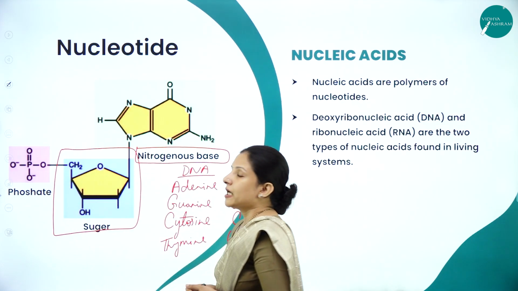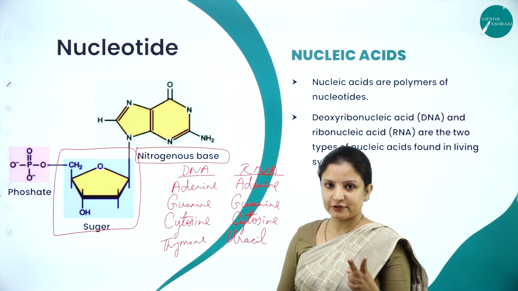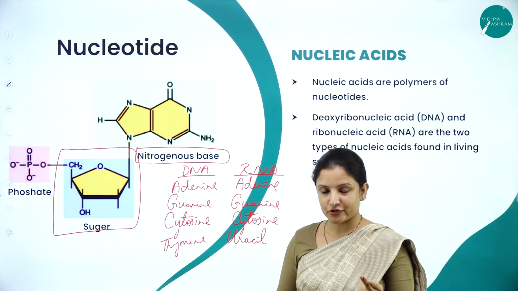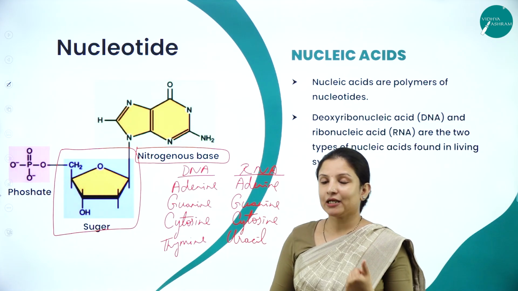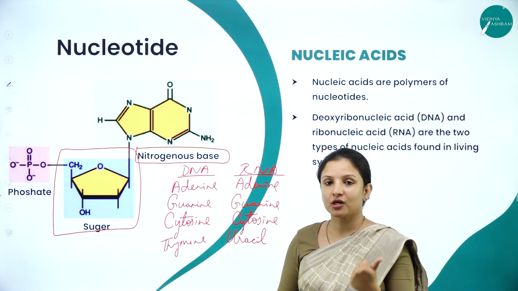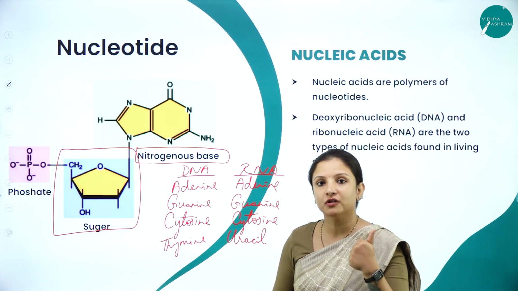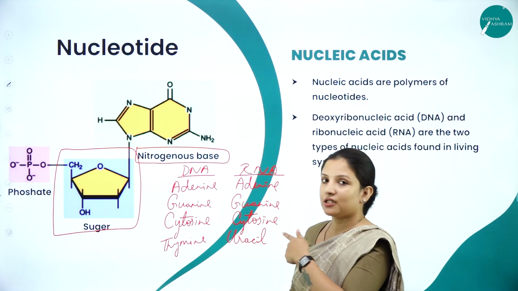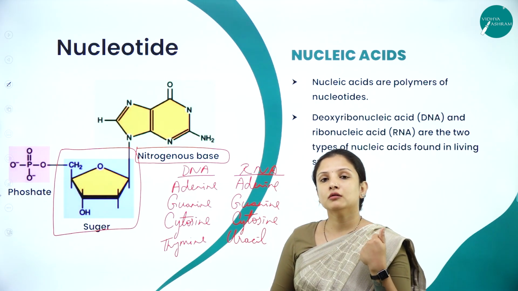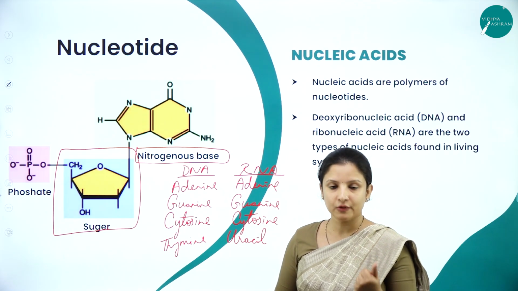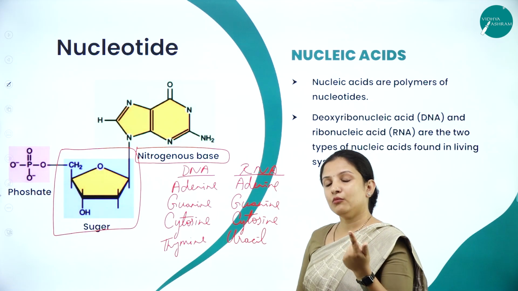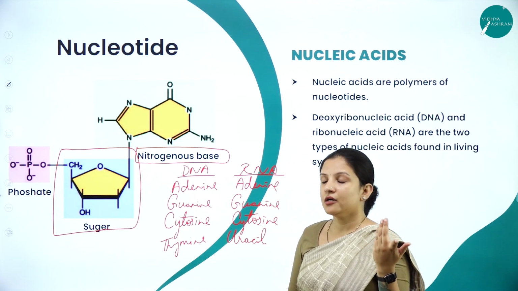Here also there can be two types of sugar: ribose sugar and deoxyribose sugar. If it is a DNA, it will have a deoxyribose sugar, wherein at the 2' carbon of this particular ring, they will not have a hydroxyl group. That is why it is called deoxyribose sugar. And if it is a RNA, they will have a ribose sugar.